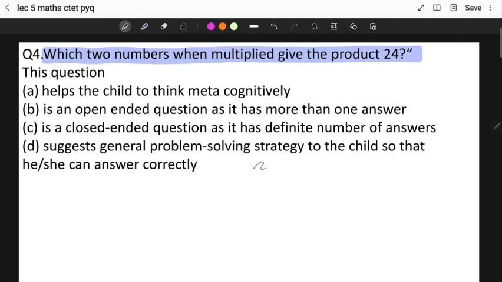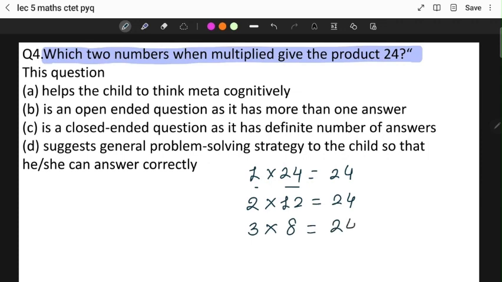What is given in the question is: which two numbers when multiplied will give the product 24. 1 into 24 is 24, that is, the product of 1 and 24 gives 24. The product of 2 into 12 gives 24. Am I right? The product of 3 and 8 is 24. Once again, 4 and 6 will also give 24, right? 8 and 3 will also give 24, and 12 and 2 we have already written as 24.